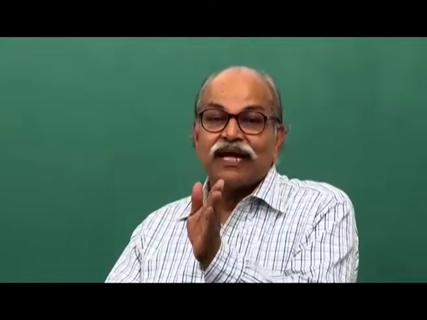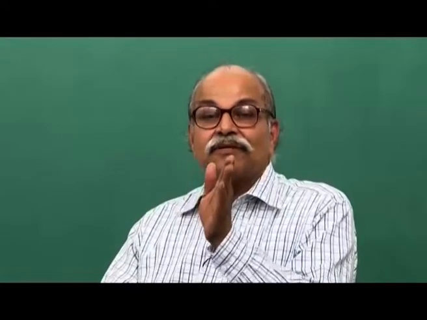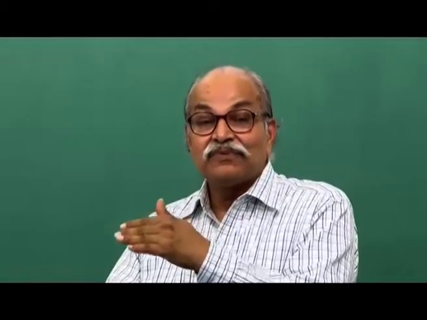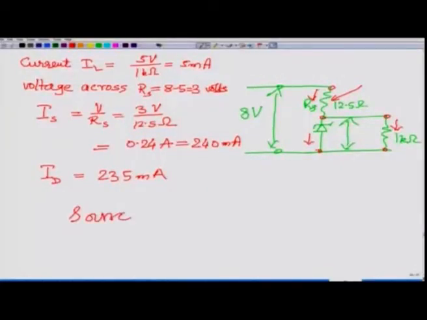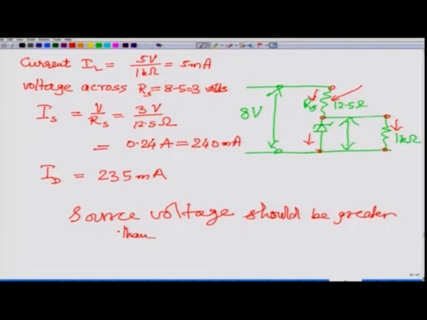You have to be in that reverse bias Zener breakdown region, with that minimum milliampere current, and therefore, the source voltage should be larger than the Zener breakdown voltage.